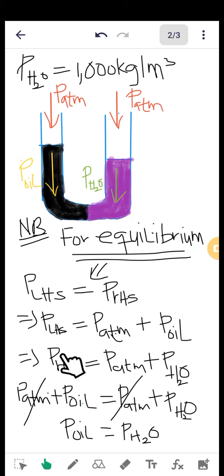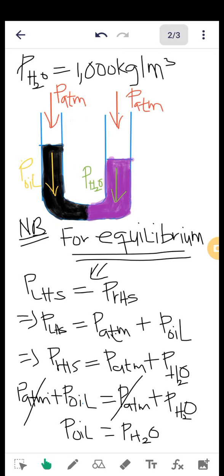Now the pressure on the left-hand side is being acted upon. We first look at the left-hand side, or the left tube. There are two pressures acting on the left-hand side.